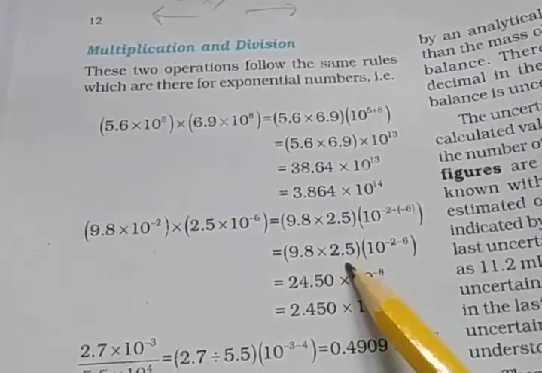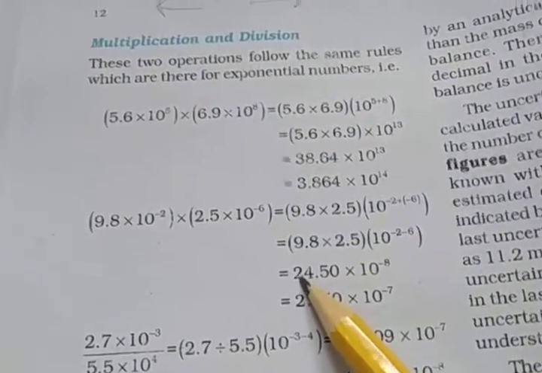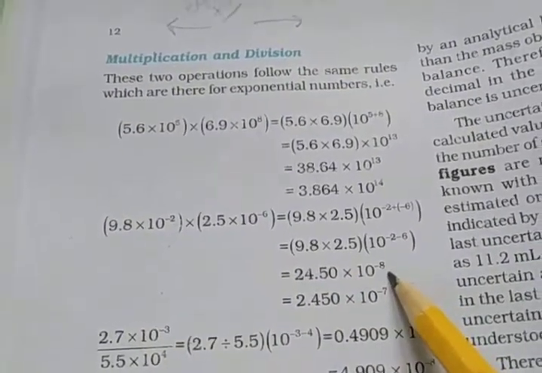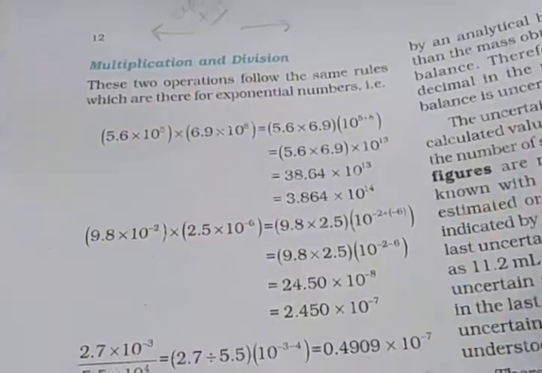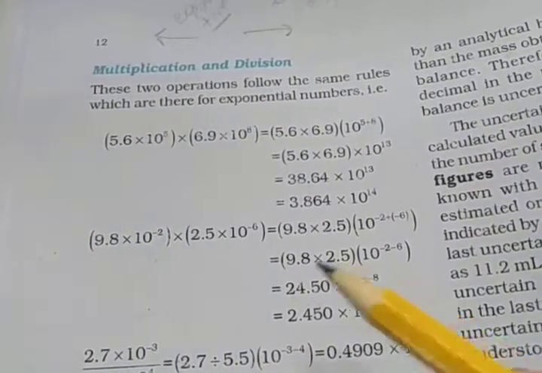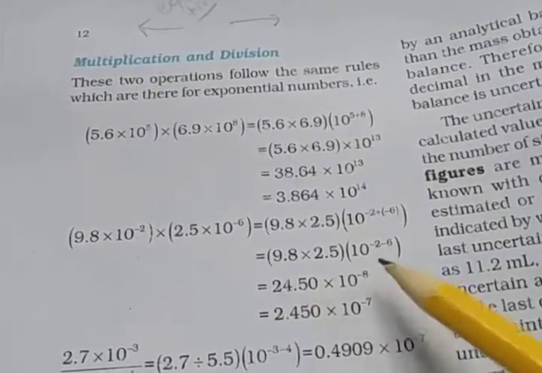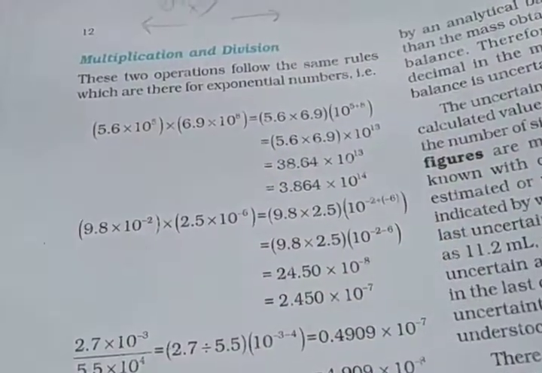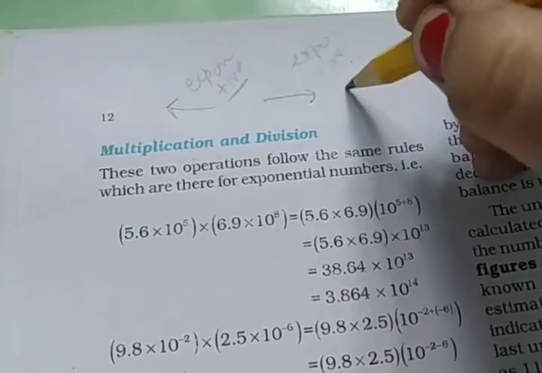And 9.8 multiplied by 2.5 is 24.50. The decimal moves 1 place to the left, so the exponent increases by 1: minus 8 plus 1 is minus 7, giving 2.450 into 10 raised to power minus 7. So whenever you move left, the exponent is positive, and whenever you move right, it is negative.